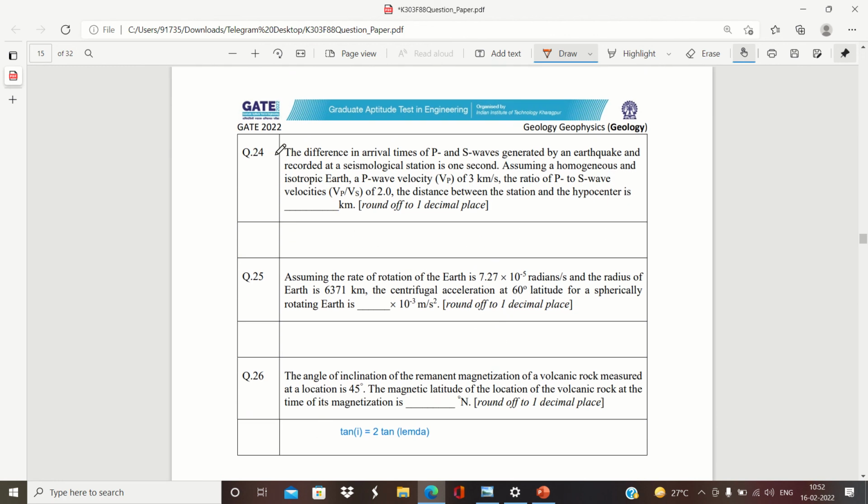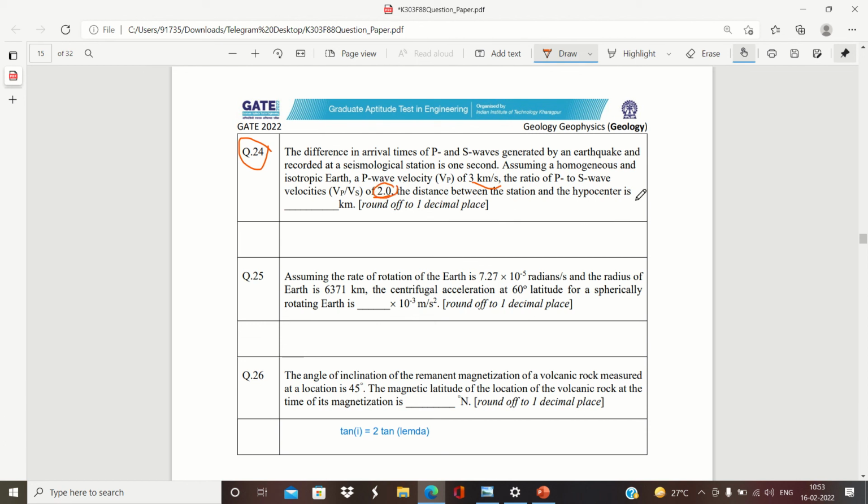Then next is question number 24. It is also a NAT type question. The difference in arrival time of P and S waves generated by an earthquake and recorded at a seismological station is 1 second. Assuming a homogeneous isotropic earth, P wave velocity is 3 km per second. The ratio of P to S wave velocity is 2. What will be the distance of the station from the hypocenter? Now we know the ratio and we know the P wave velocity.